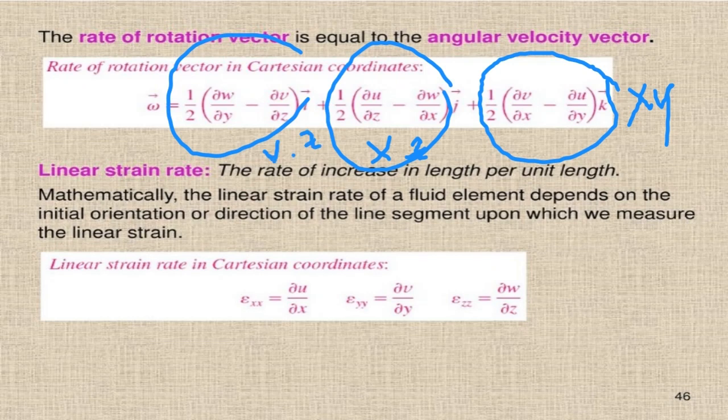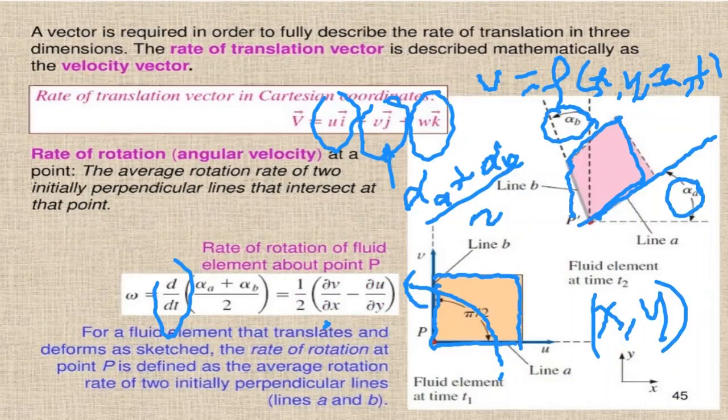So it's a vector. It has 3 components. It has i component, j component, and k component. And this was only the k component because it rotates. If you consider this table to be the xy plane, the rotation is like this.